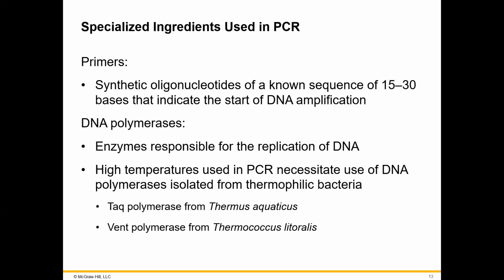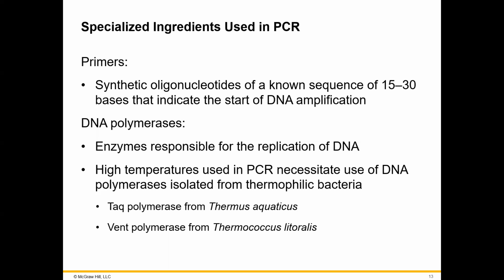So we already know we need the primers and the polymerase. The problem is what we're going to do to separate, just like our very first slide: we're going to heat up our DNA. We're going to heat it so hot, about 94 degrees Celsius, almost boiling, to separate all of that DNA. We call that denaturation. Unfortunately, proteins also get denatured if you heat them up that high, and DNA polymerase is a protein.